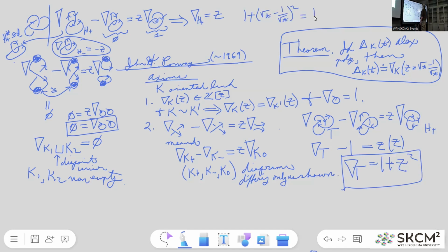Then I get 1 plus T inverse minus 2, which is equal to T minus 1 plus T inverse, which is equal to T squared minus T plus 1, which is our previous calculation of the Alexander polynomial of the trefoil knot. So that's showing you that Conway's theorem at least works for the trefoil, but it works for everything.